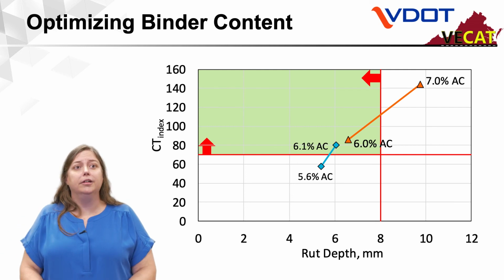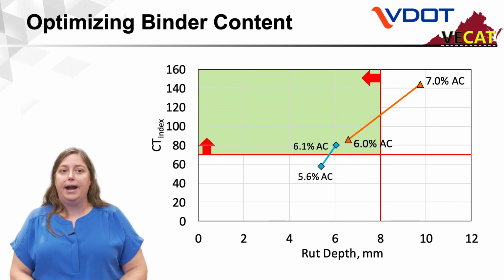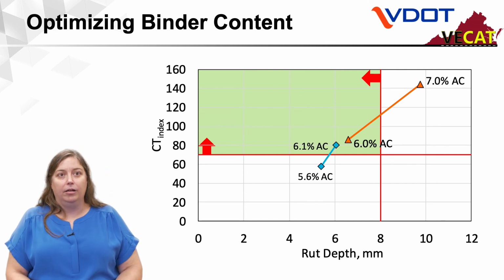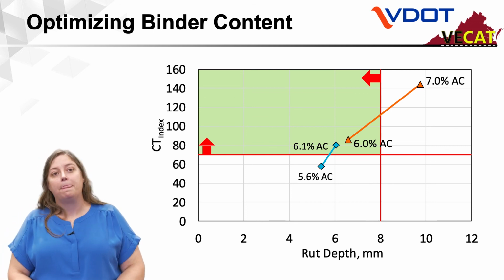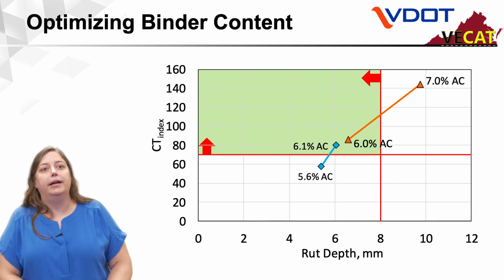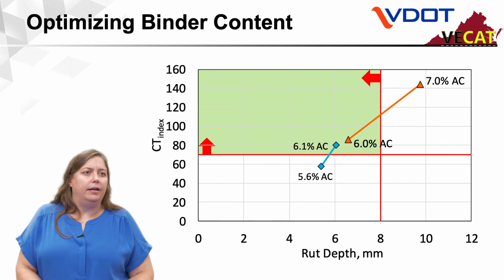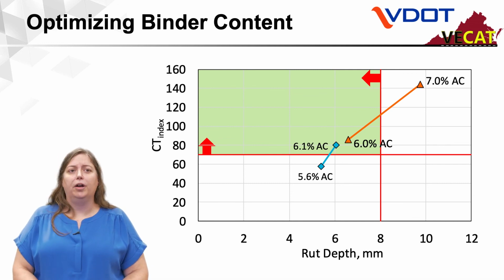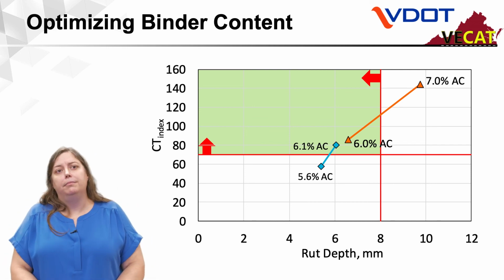If you add more binder, you'll see that the mix will move up and have better performance in cracking. The trick is to add enough binder to mitigate cracking without getting into the rutting zone. So this mix there at 6.1 asphalt content is about an 80 CT index and a rut depth of 6 millimeters. So we are reasonably close on the CT index, and we are well below the rut depth.